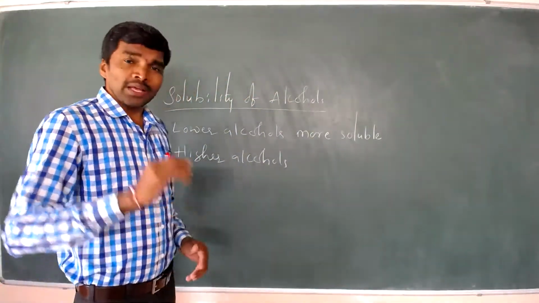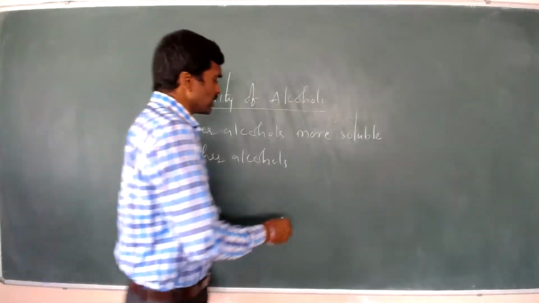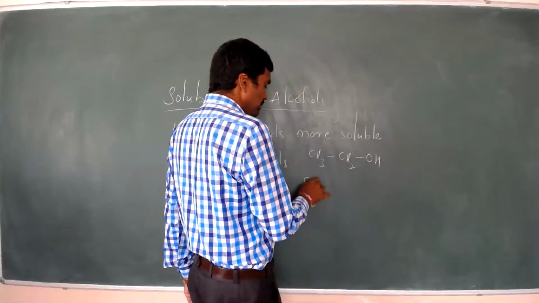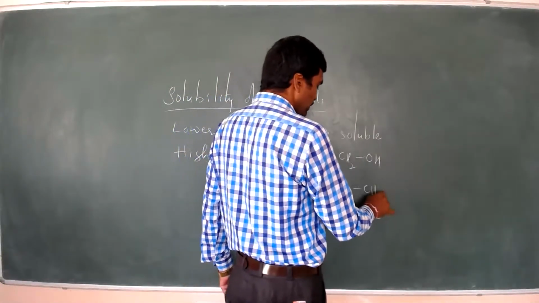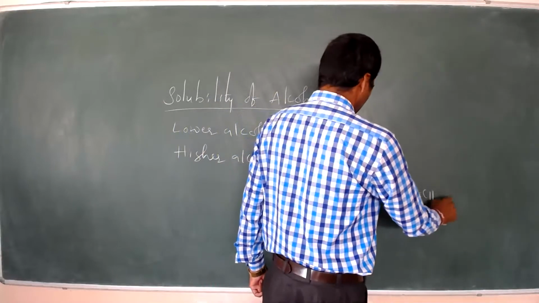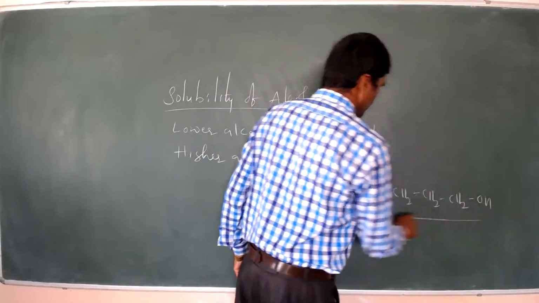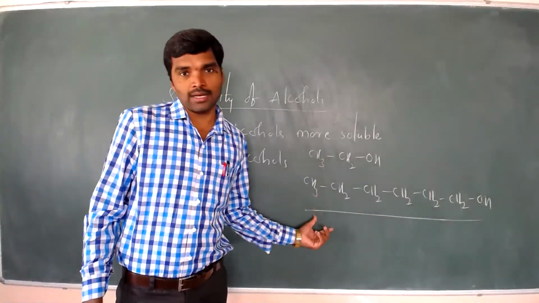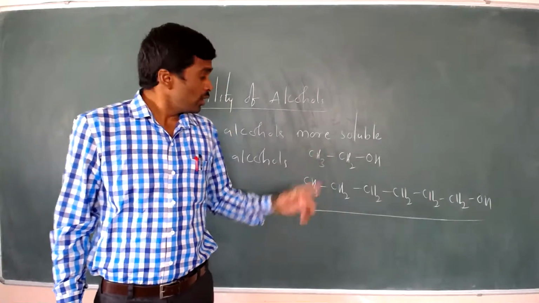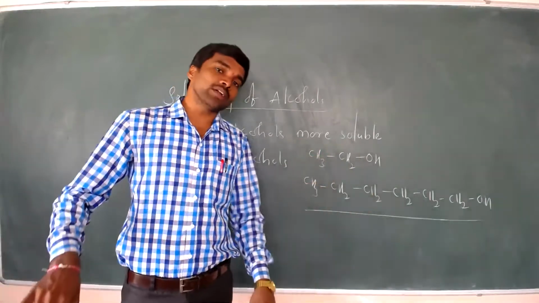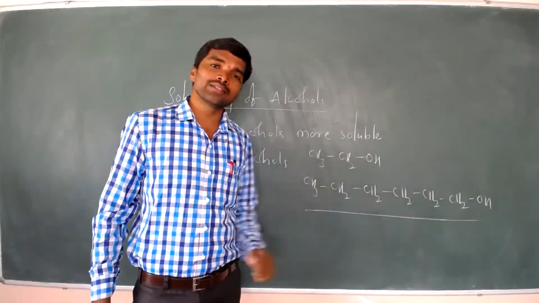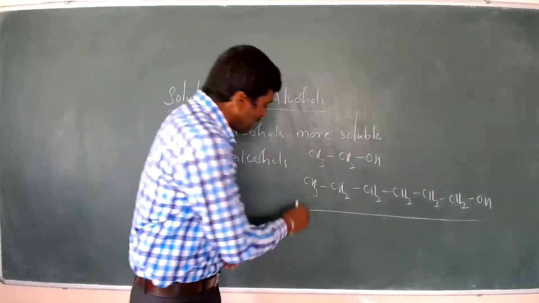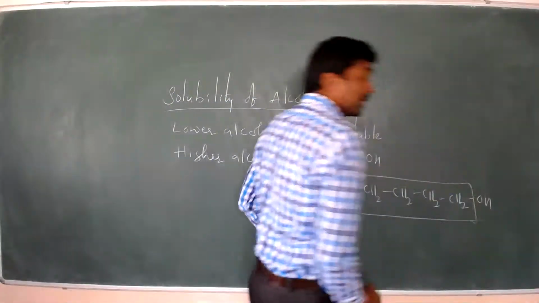Because if you compare two alcohols, for example, I am taking here ethanol, and here hexanol. These are the lower alcohols, and these are the higher alcohols. Of these two, lower alcohols are more soluble in water than higher alcohols. Why? Because higher alcohols have a large non-polar hydrocarbon part.